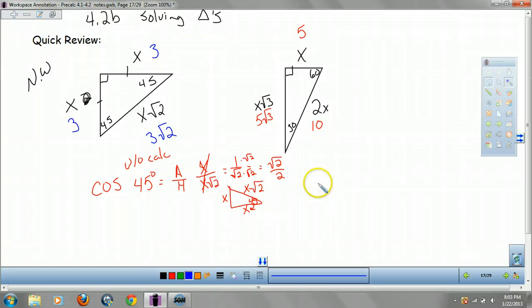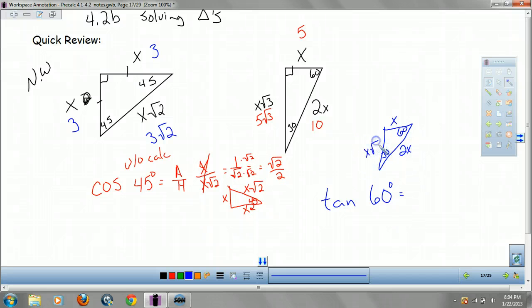Let's come up with one more quick example. Let's say they say do tan of 60. So again, we think about 30, 60, 90. x, 2x, x root 3. Here's 60 degrees, right? Tangent is opposite over adjacent.